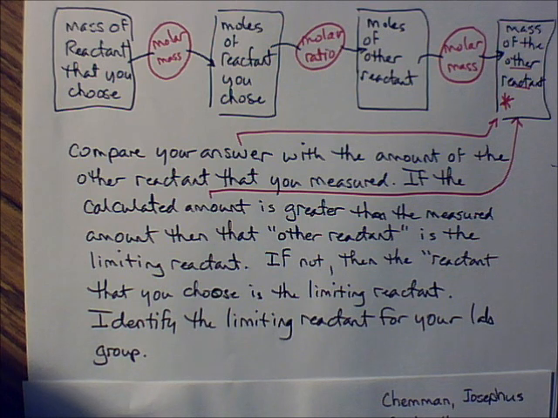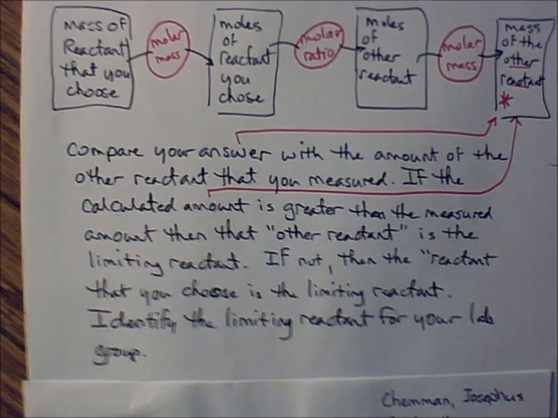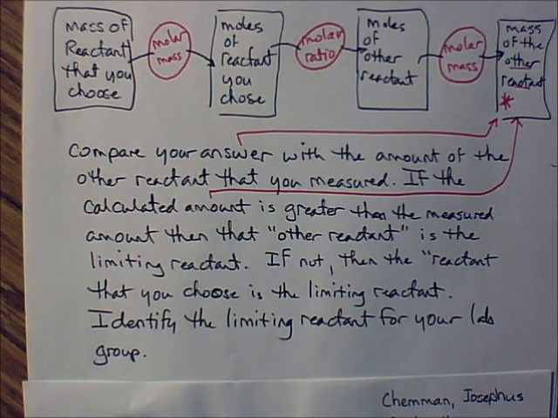Now, statistically speaking, half of you will find that the potassium iodide is your limiting reactant, and the other half will find that the lead nitrate is the limiting reactant. So you can't just assume that because your friend in another lab group got your answer, you got the right answer. It doesn't work that way.